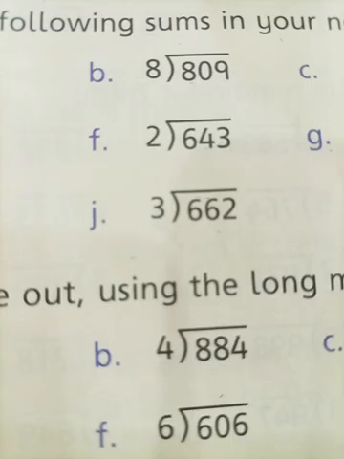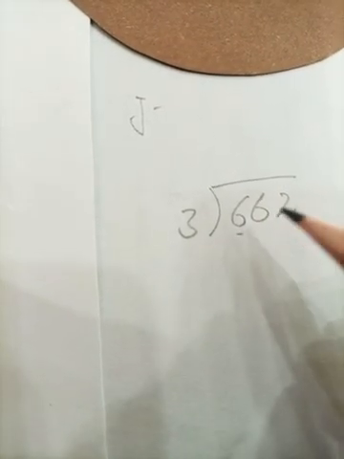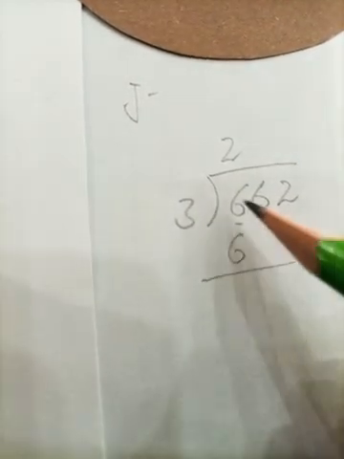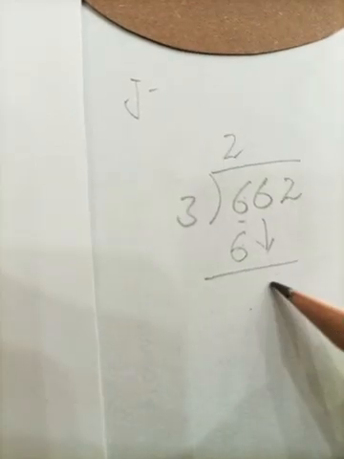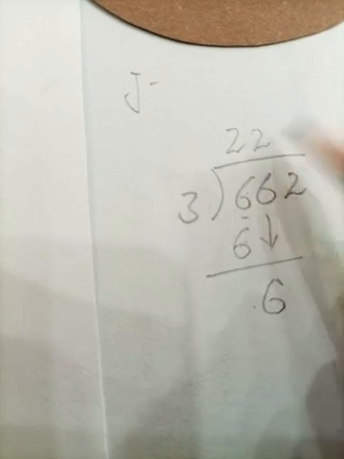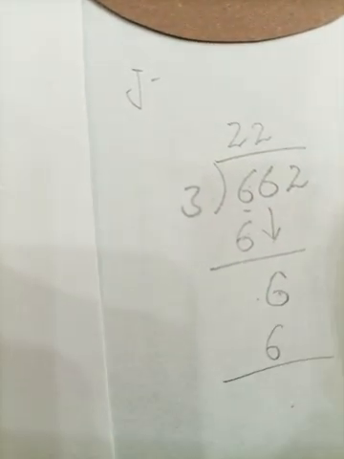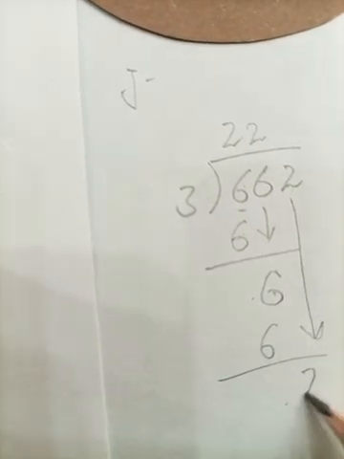Next is part J. 662 divided by the 3. Students, let's divide it. First we will divide our first digit. 3 twos are 6. Very good. 6 minus 6 is 0. So I am taking my second digit down here, that is the 6 again. So students, 3 twos are 6. And again 6 minus 6 is 0. So I will take my ones, that is the 2 down here.